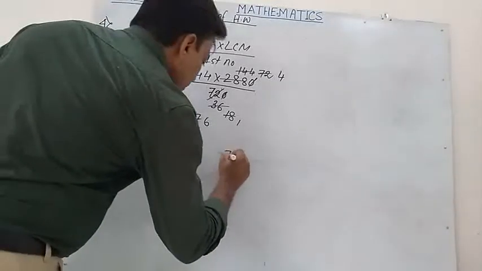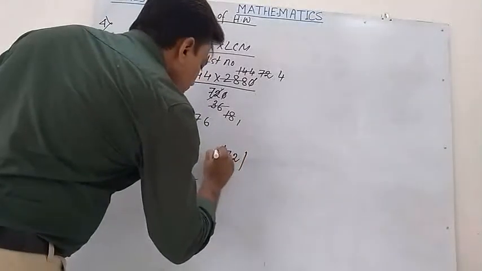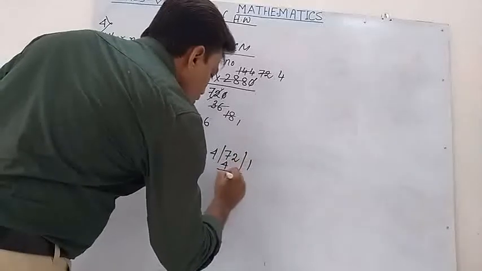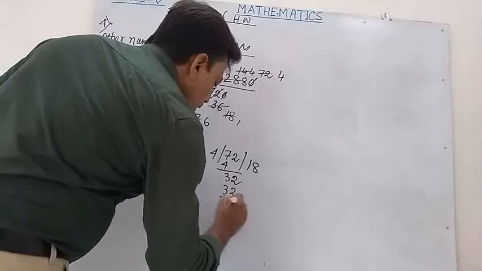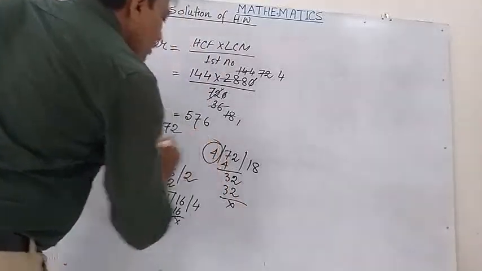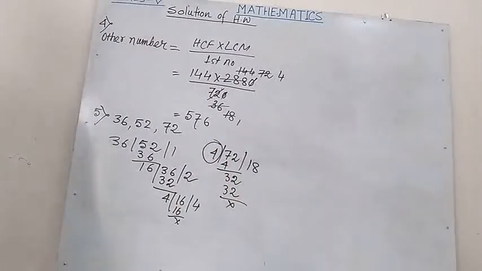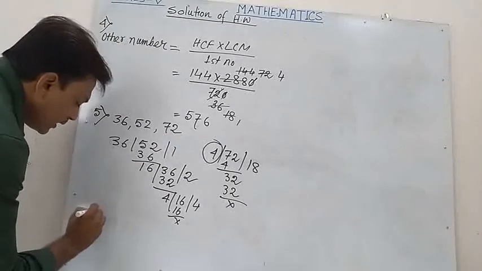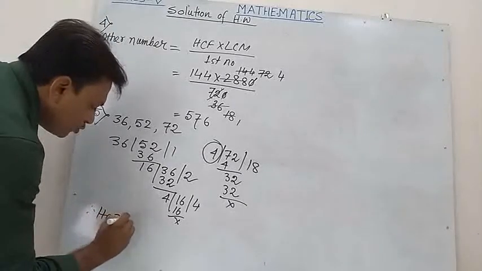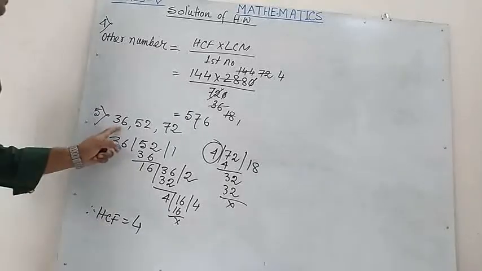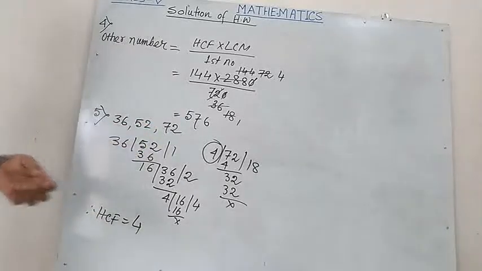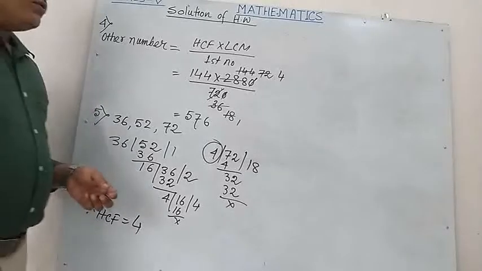Now 72 divided by 4: 4 eighteens are 72. So what is the last remainder? 4. Therefore HCF equals 4. So the HCF of 36, 52 and 72 is 4.